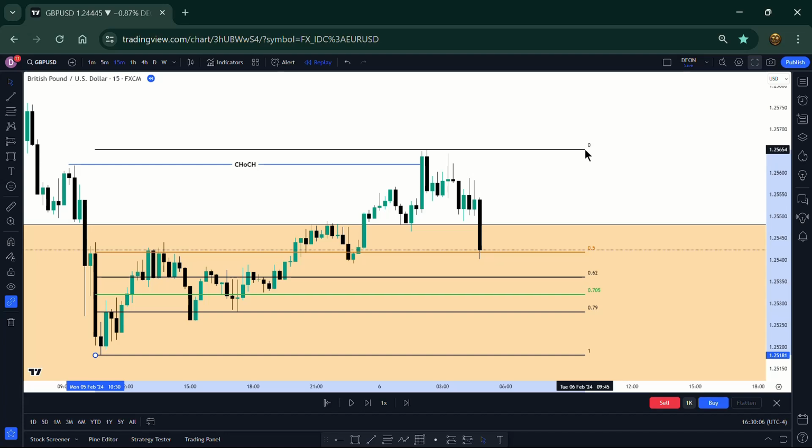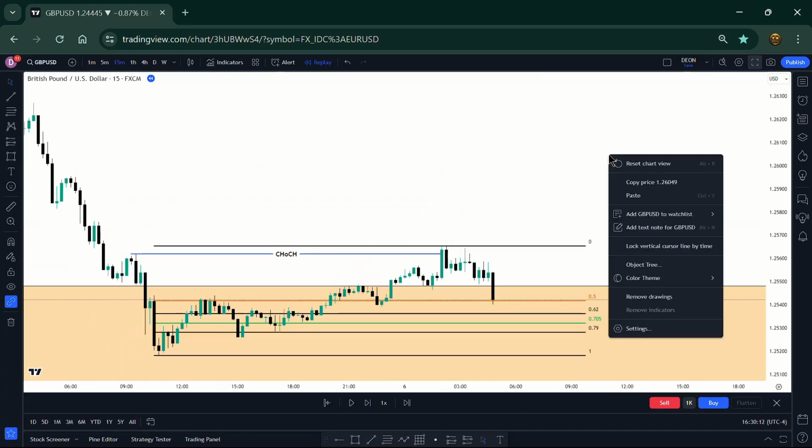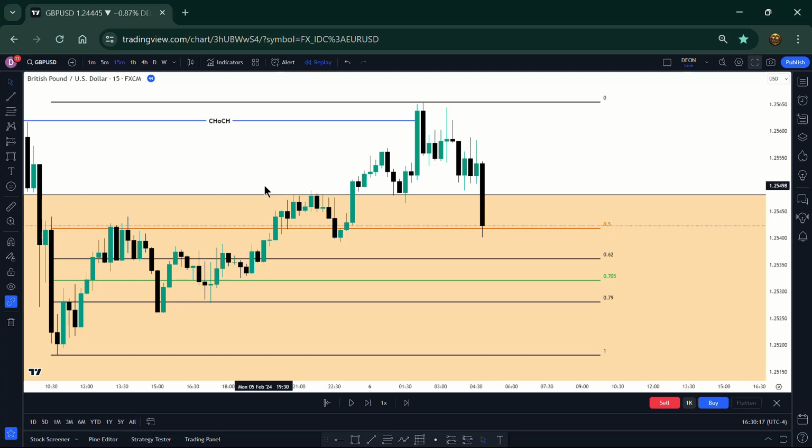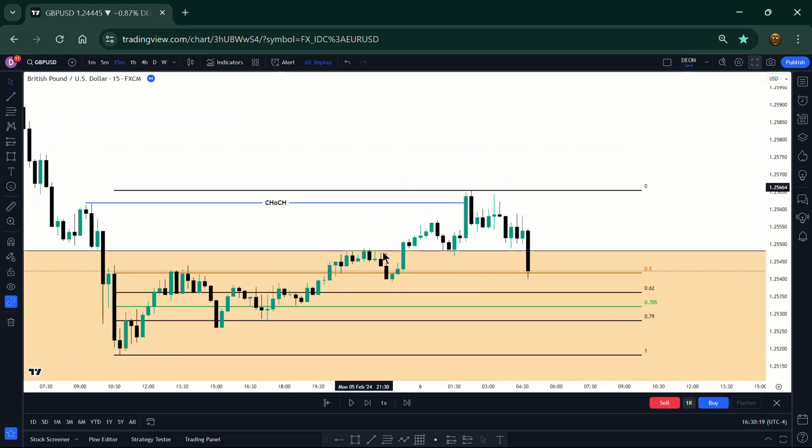All right. So here, under the 0.5 level, what are we looking for? As you can see, inducement has already been taken out.